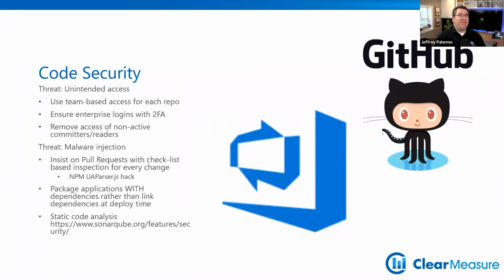Then that one person either has a compromised account or something happens, and the account responsible for publishing new versions of that library to NPM gets compromised. Some code is inserted, and then over time, as libraries get updated, this hack is now running in tons and tons of applications.